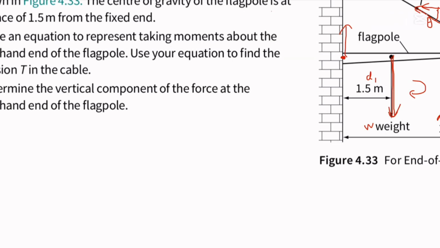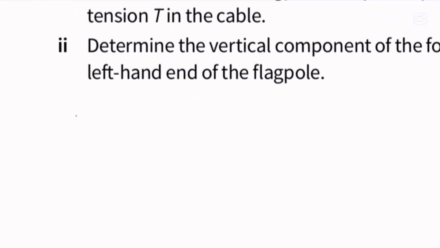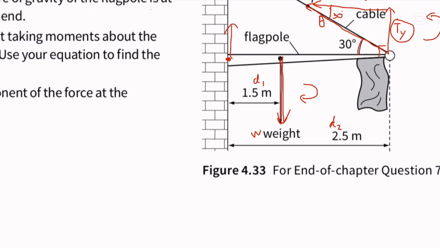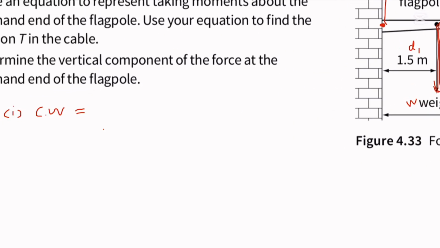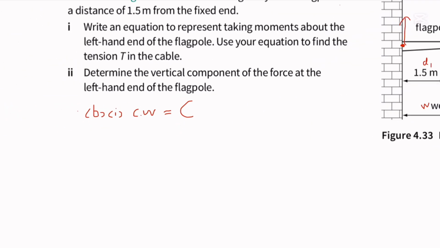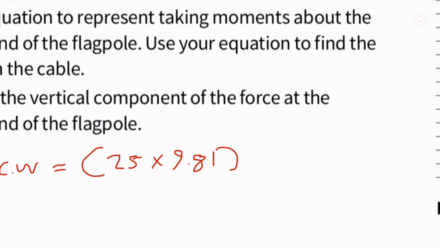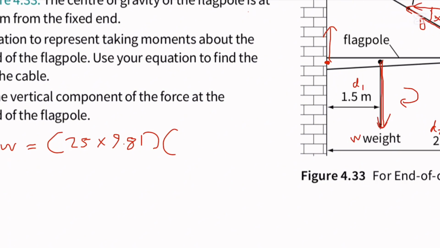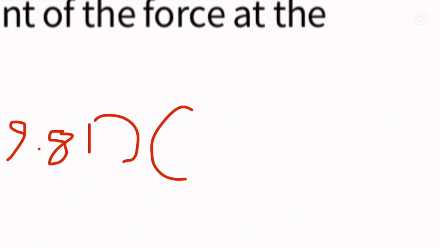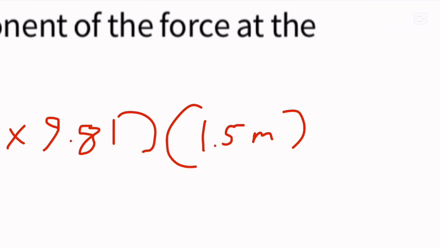So the total clockwise moment is going to be this weight moment. Let's find the weight. The weight is going to be 25 multiplied by 9.81, and that will be multiplied by the perpendicular distance, which is the 1.5 meters.